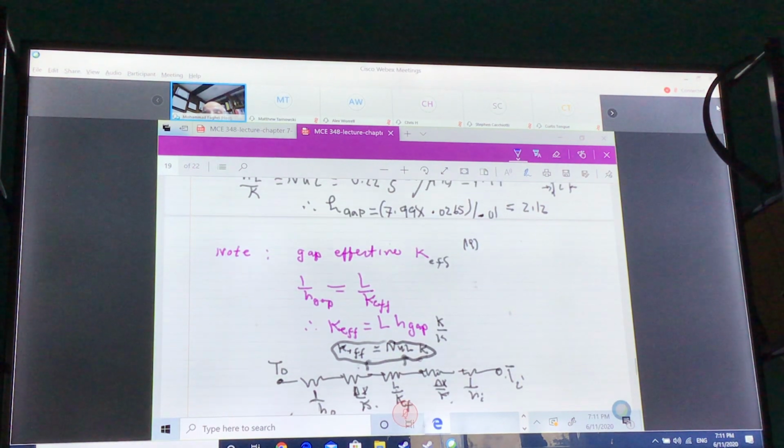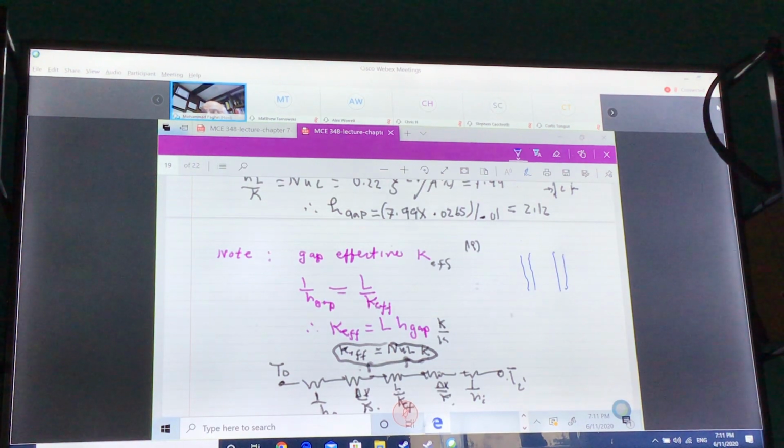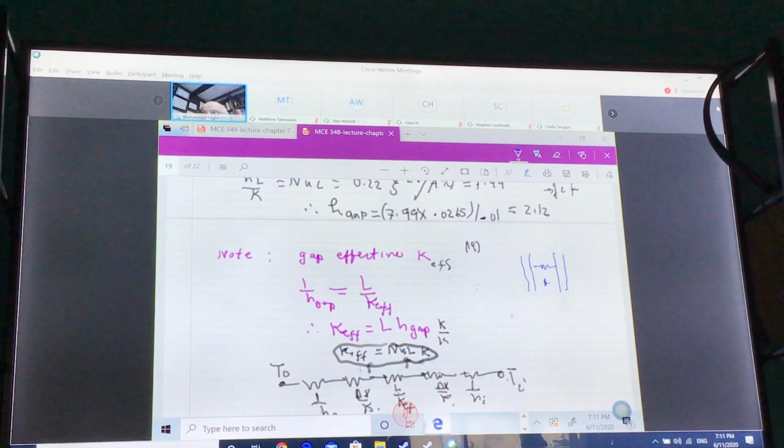So how do I use h of the gap? This is the trick. Now I have this wall, I have this wall, and this is the gap. So I want a resistance here, a resistance here, a resistance here. Now forget about the resistance of the wall.